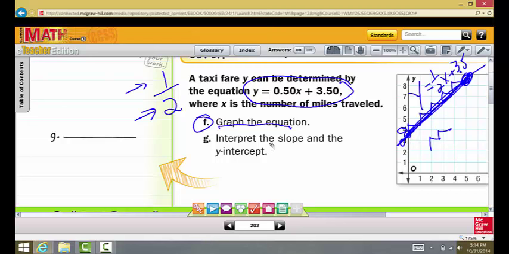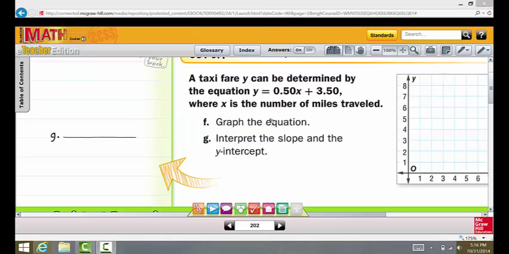Now interpret the slope and the y-intercept. Let's take a look at what that looks like. If we interpret the slope, it was up 1 and over 2. So the slope was 1/2.